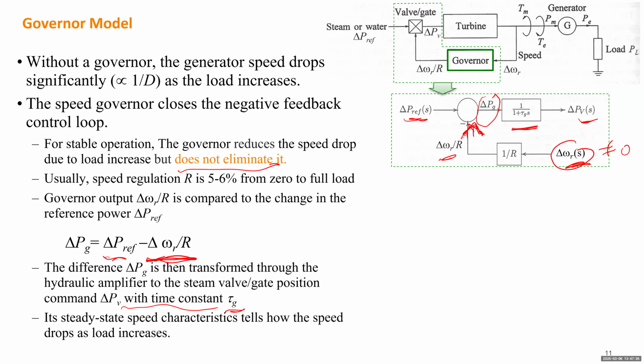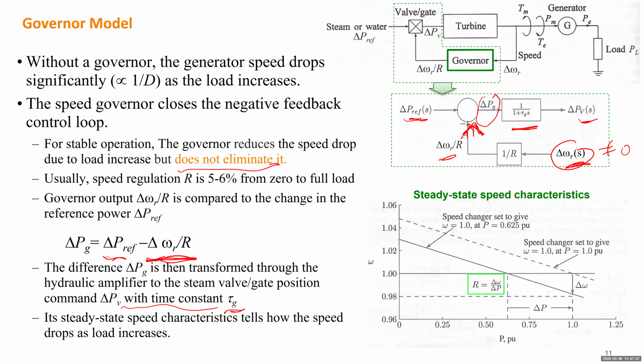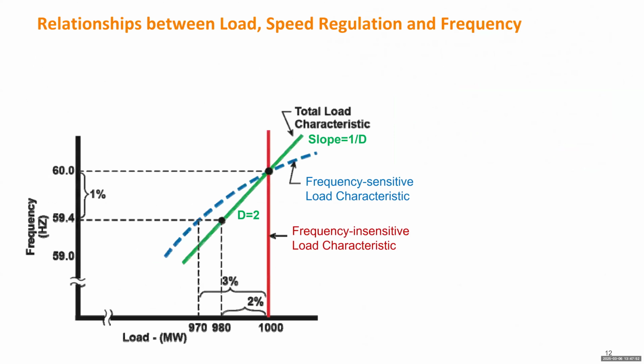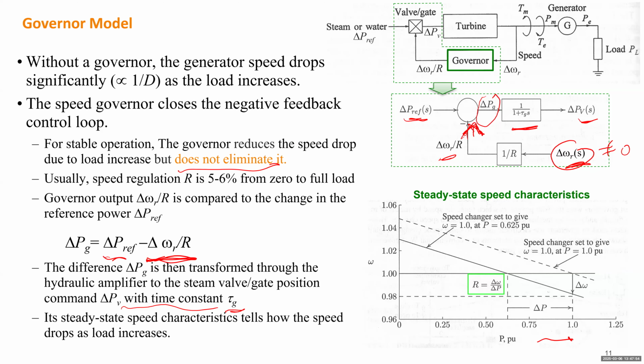So if we draw this figure, for a generator controlled by the governor, how the frequency changes with output power, it will be a negative slope line. Which means when the load increases, the frequency will drop following this slope.